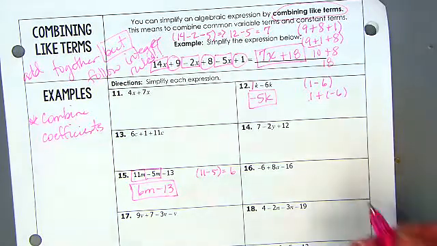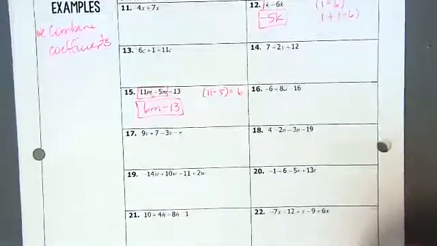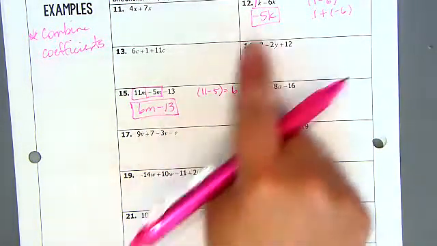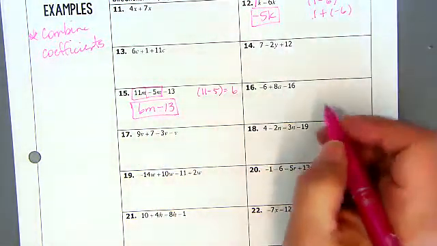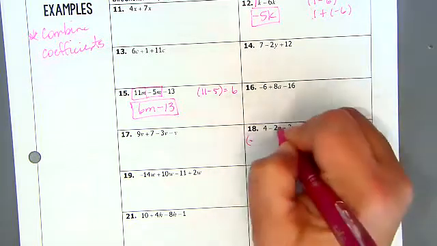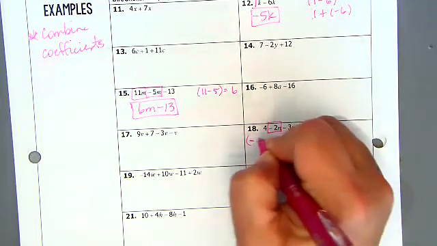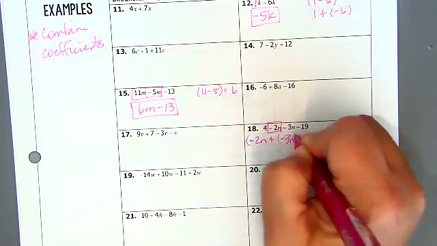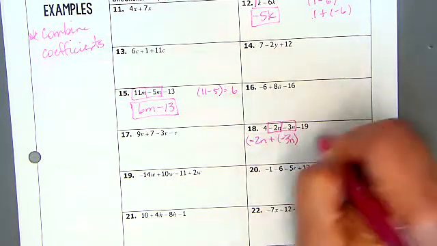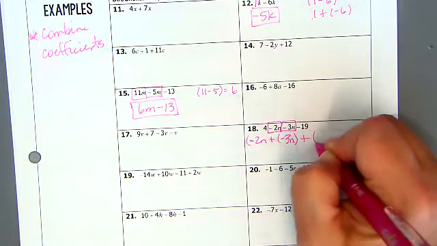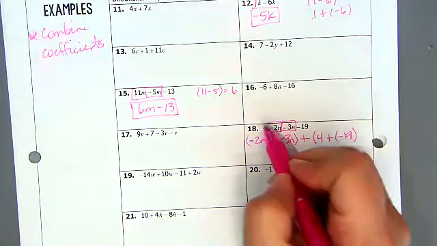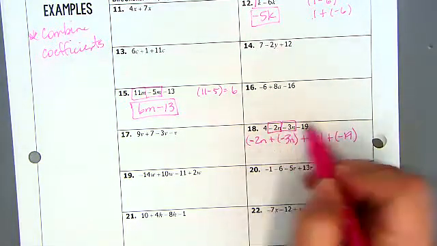18. This is where writing your work a little differently might help you to better organize this. I'm going to group my like terms together. They've been kind of grouped with me already, so I'm going to rewrite them together. So I'm going to have negative 2n plus negative 3n plus 4 plus negative 19, because I'm combining the negative 2n and the negative 3n.